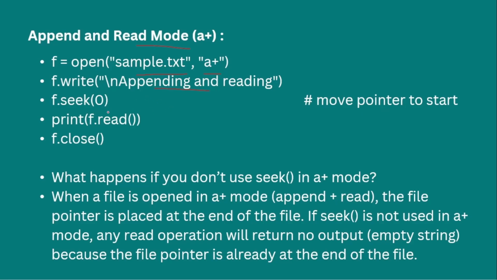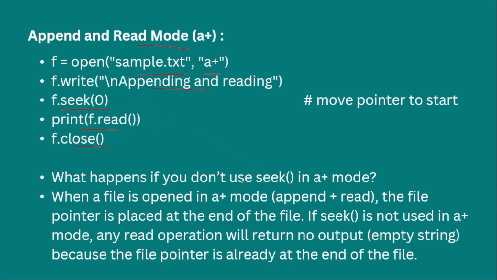So what we need to do is move the pointer to the starting. We use seek for that. So we say f.seek(0), so it will move the pointer to the starting point. Then we'll read the file and print the data, and then finally we'll close the file. So this is how append and read A+ mode works.